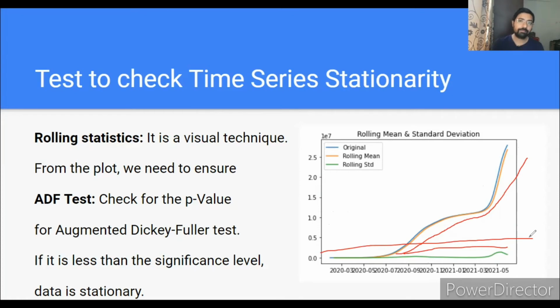That is one way of testing it. Take the rolling mean and rolling standard deviation over a period of time, like 12 months average, or 5 days average.